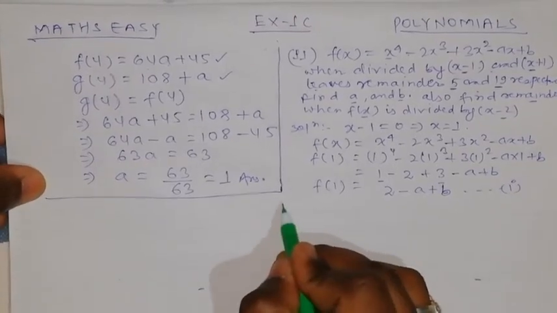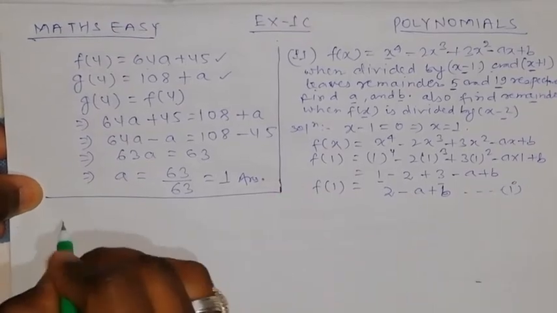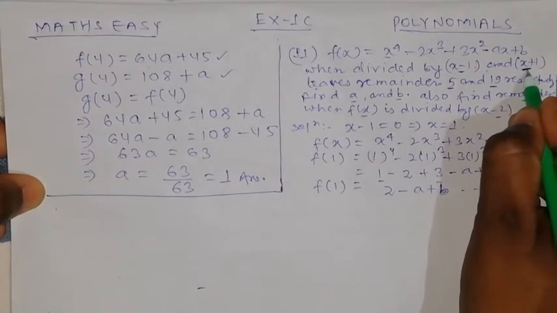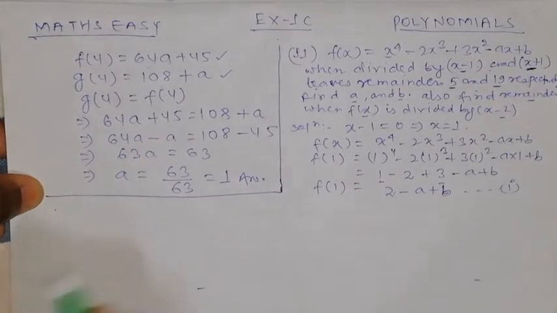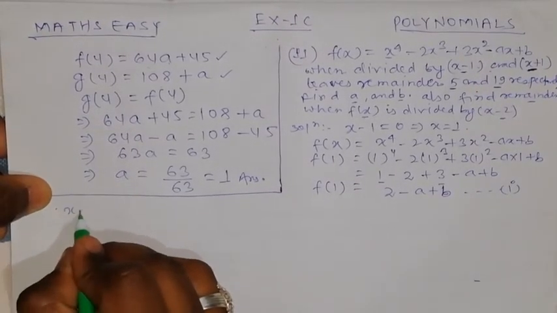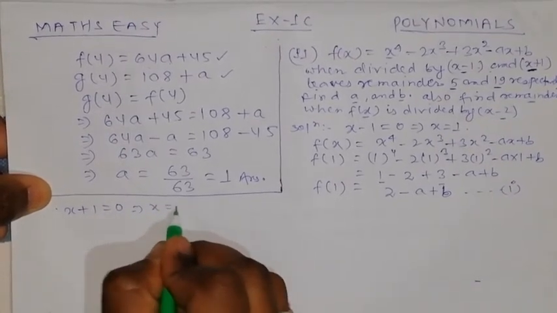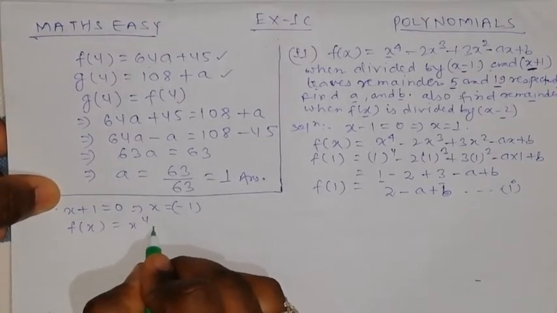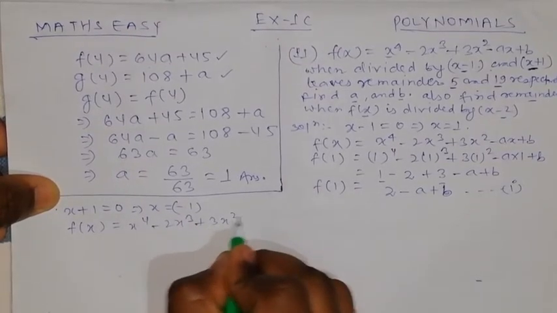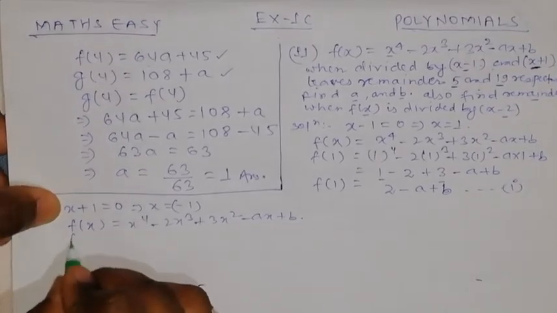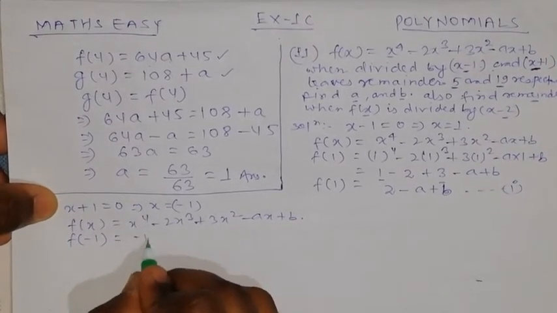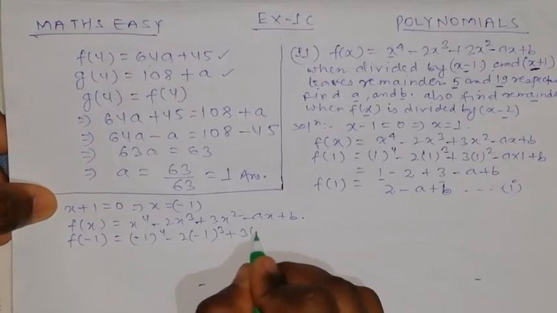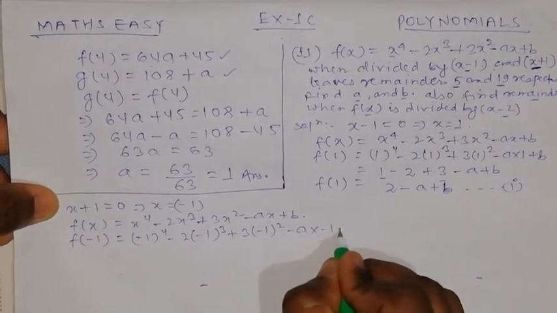Now, question number 11 continued. When this f(x) is divided by x + 1, means x + 1 = 0, that is x = -1, then f(x) = x^4 - 2x^3 + 3x^2 - ax + b, so f(-1) = (-1)^4 - 2 into (-1)^3 + 3 into (-1)^2 - a into (-1) + b.